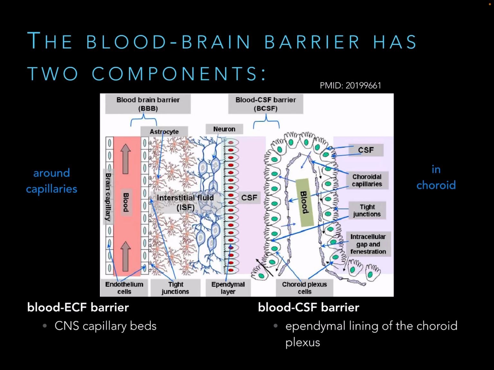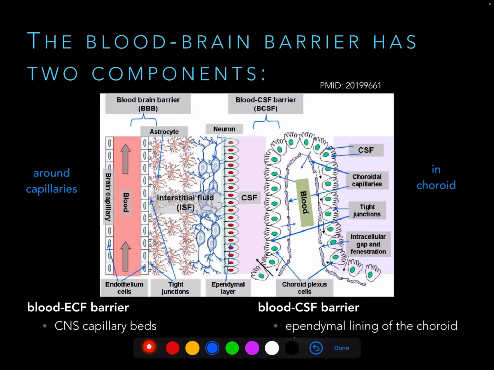Now, there are two components to the blood-brain barrier. When you hear blood-brain barrier, usually what people are talking about is the blood ECF barrier. ECF is extracellular fluid. You can also call it the interstitial fluid, the ISF, whatever. But that's what's going on over here. The blood-brain barrier is formed by tight junctions between the endothelial cells of blood vessels within the brain.